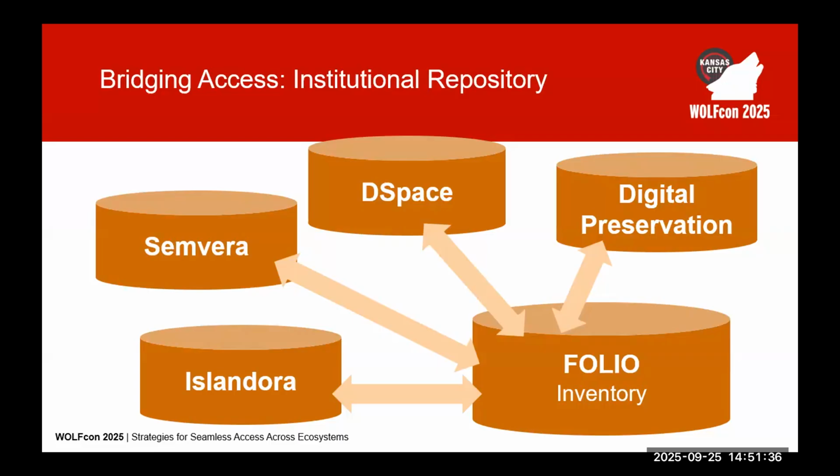So this is an idea of how is the Folio community bridging access to institutional repositories? This is something that I hear all the time. And I know there's been a lot of interest in integrations with things like DSpace and Symvera and Haiku and Islandora. If anybody was here for the very first WOLFcon at Texas A&M, we had a pilot, a partner of EBSCO's. We created an app.